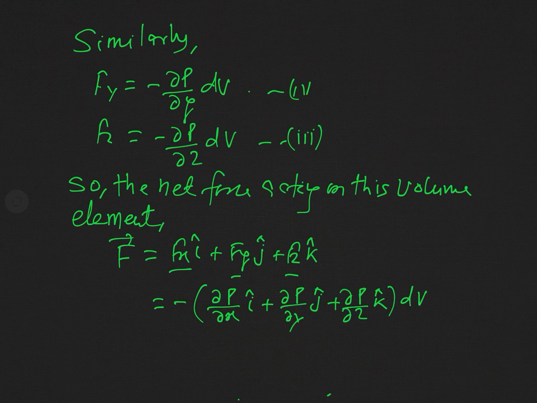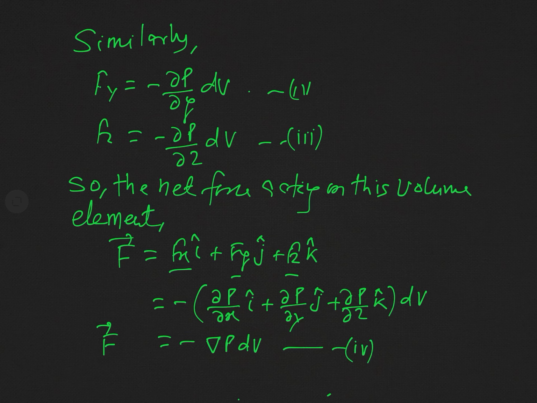And what is this? Actually, the bracketed term is simply the gradient of P. So we may write it as minus del P dV. And this is actually the net force acting on the fluid element, or the parallelepiped.